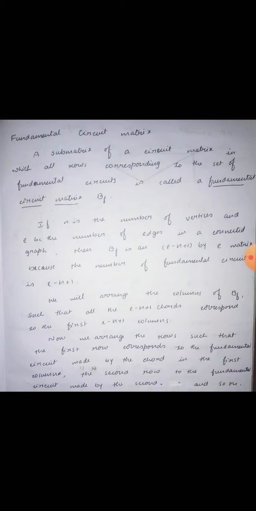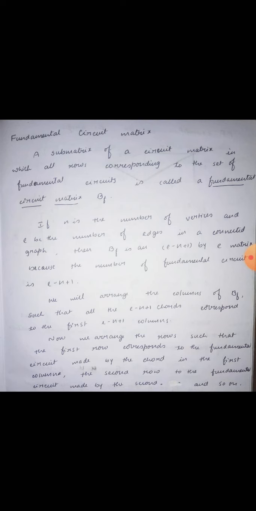What is a fundamental circuit? The circuit formed by joining one chord to the spanning tree. If I add one chord to the spanning tree and a circuit is formed, that circuit is called the fundamental circuit formed by the chord. How to define the fundamental circuit matrix?